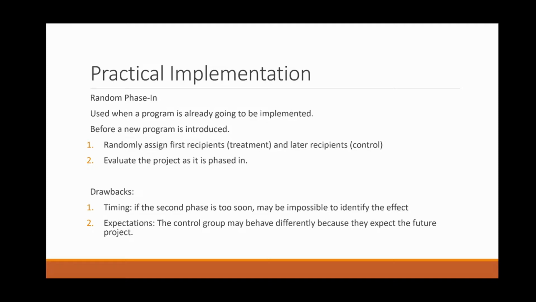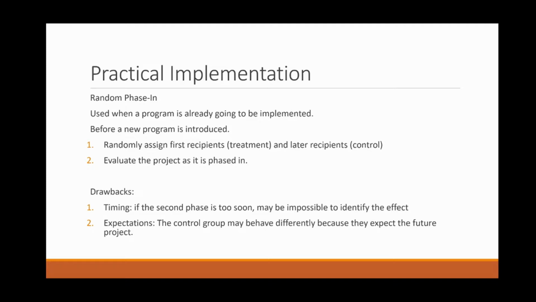What we do when we're doing a random phase-in design is that we use the first phase as the treatment group, and the second phase, that means everyone else, everyone who's not included in the first phase, is the control group. So that means we have 50,000. So World Vision wants to give their program to 100,000 farmers, but they're only going to give 50,000 in the first year.